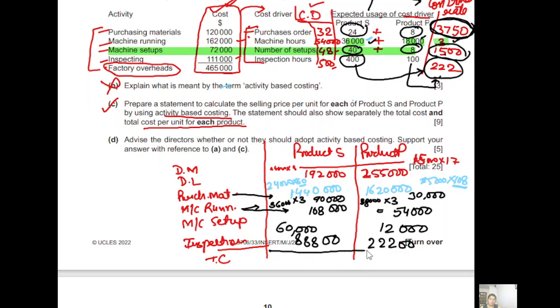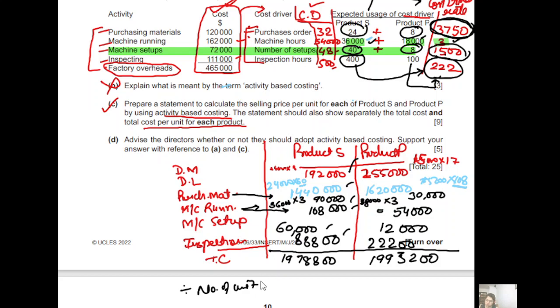Then you have to find out your total cost, and all costs you have to add. Then your total will be like this: 1,978,800, and here 1,993,200.